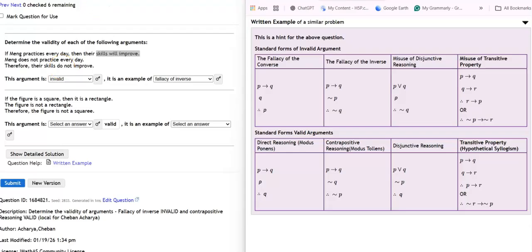For the second question, let me write it down here on the drawing board. If the figure is a square, then it is a rectangle.